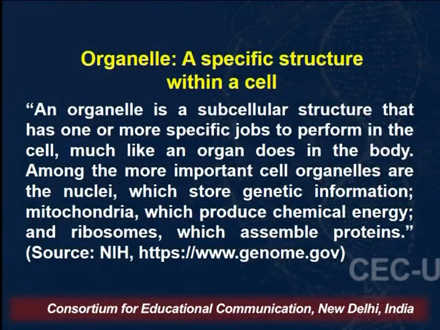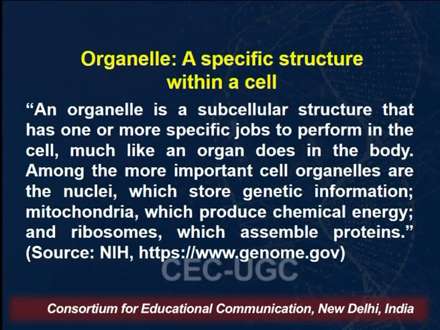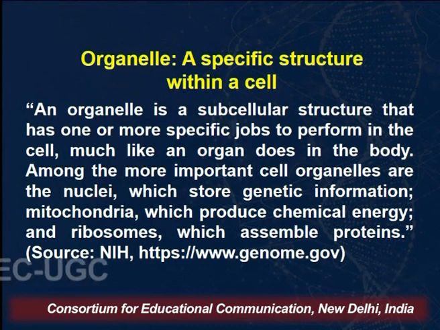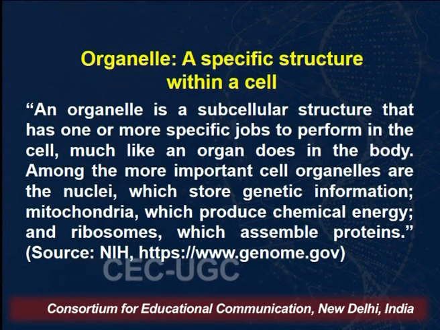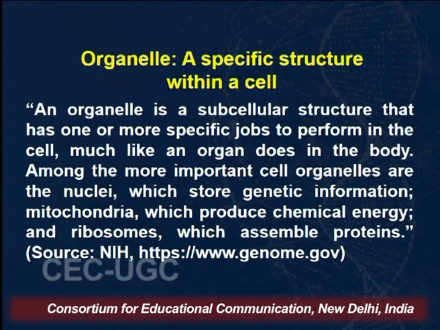Organelles are subcellular structures that have one or more specific jobs to perform in the cell. For example, the nucleus stores the genetic information like the DNA or chromosomes, the mitochondria produce chemical energy in the form of ATP molecules, and the ribosomes assemble proteins and help in the process of translation.